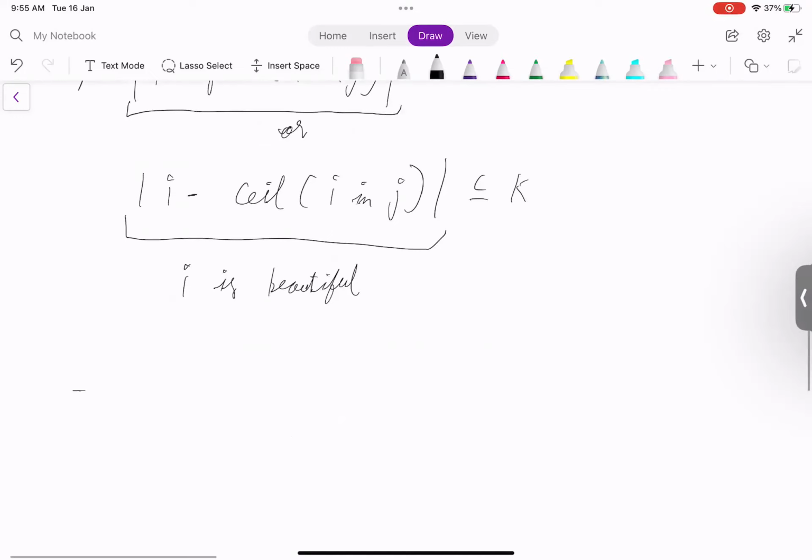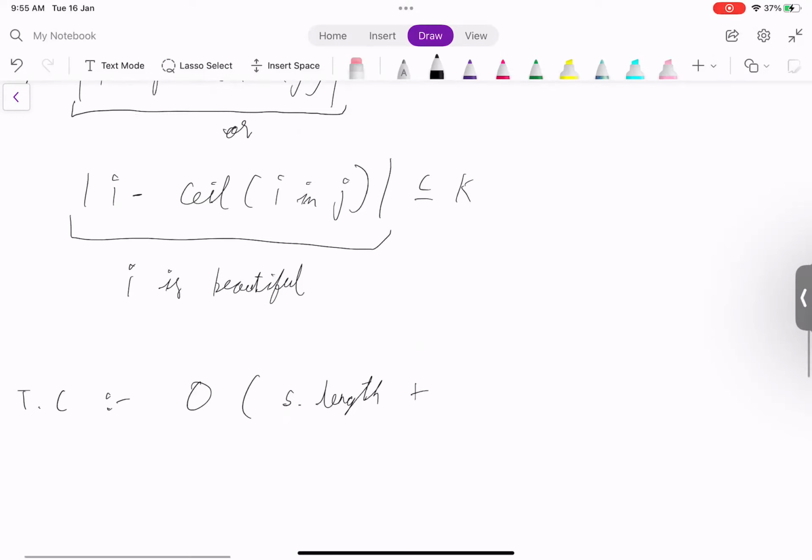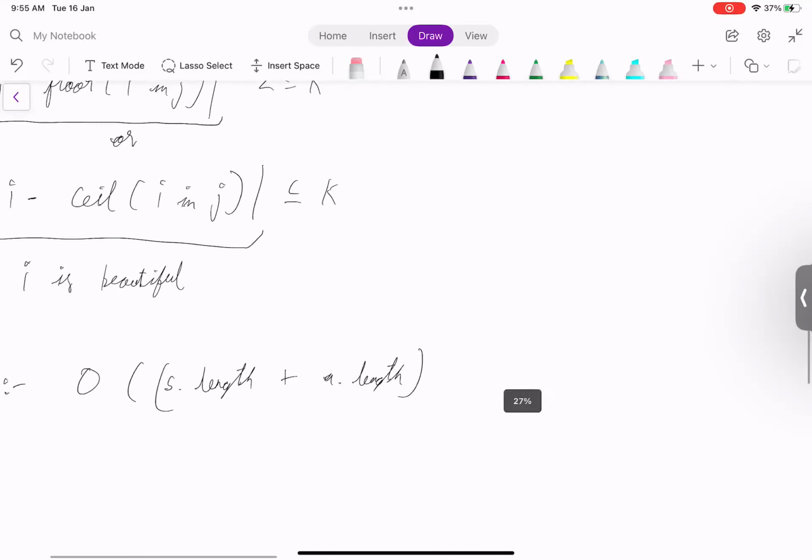So if you look at the time complexity, we can say the time complexity is s dot length plus a dot length, where s is the original string and a is the pattern.